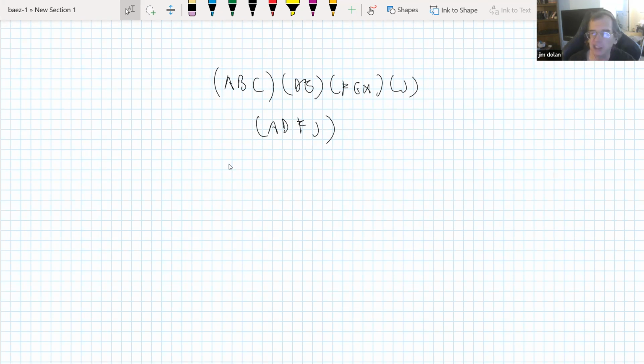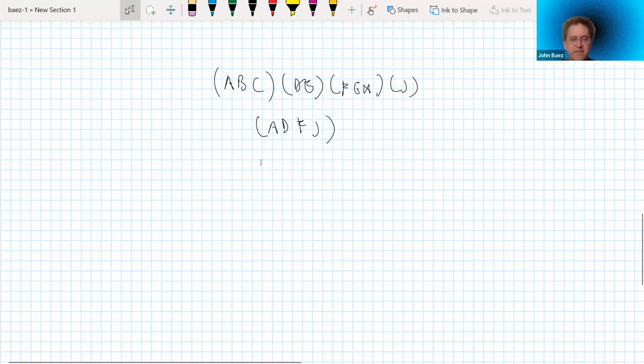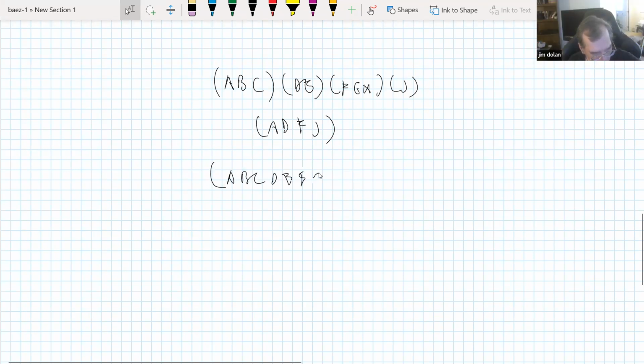I chose the A, D, F, J, that's the initial letters of these little short words. And when you do this composite, it will automatically splice together the short cycles into one long cycle. We mentioned that. So the composite is A, B, if I'm doing this right, if I didn't screw it up in some way.